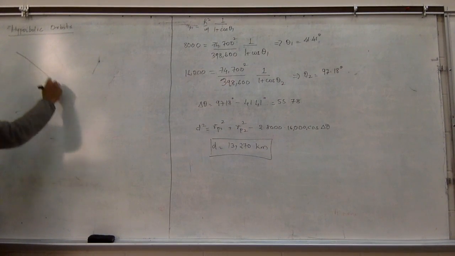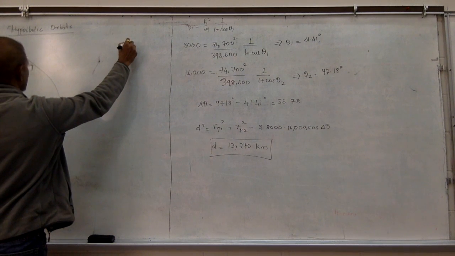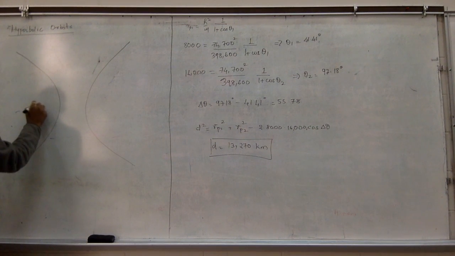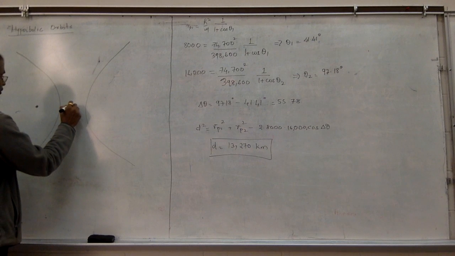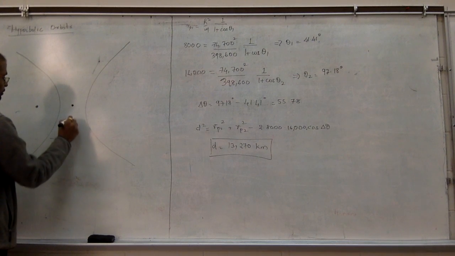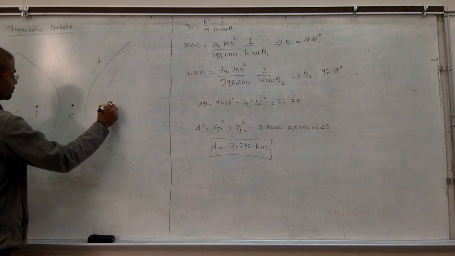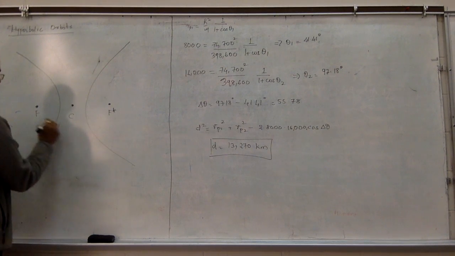So if you're looking at a hyperbolic orbit, where is the center of a hyperbolic orbit? The center of the hyperbola. That is the center. So this is M. This is C. This is F star.